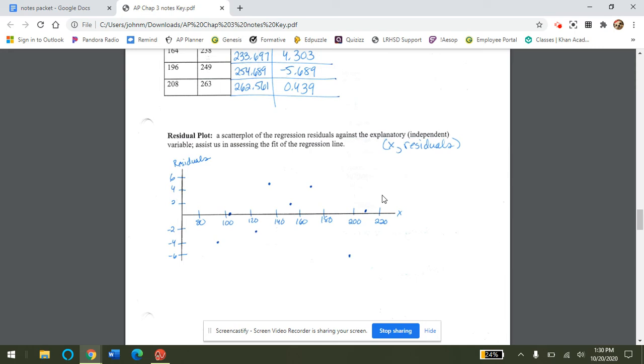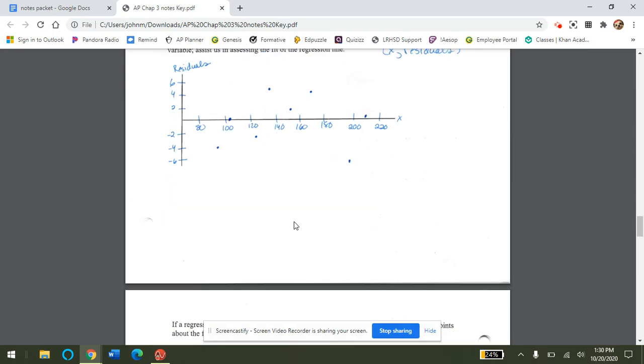They're spread out. And what we do with this is look at whether it's a good fit or not. Your residual plot is really your backup evidence for whether your original graph was linear or not. When we look at our original scatter plot, we want to decide, is it linear or not? Well, your residual plot can help prove that as well.